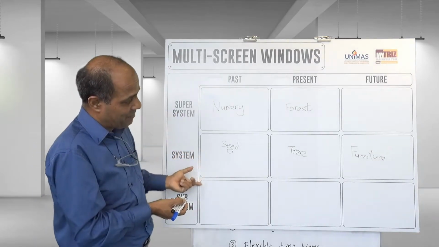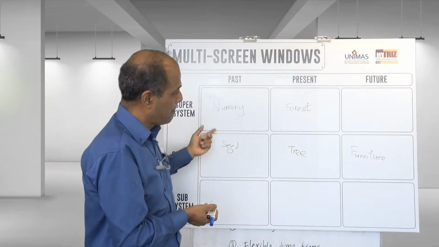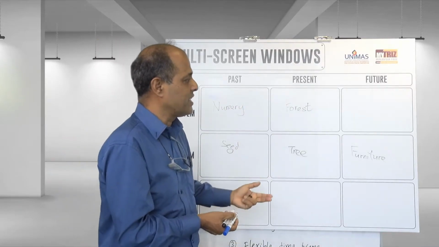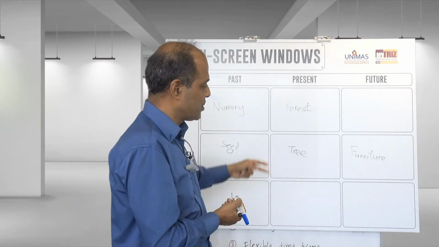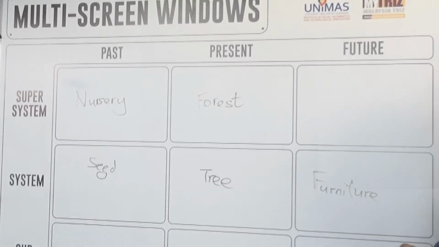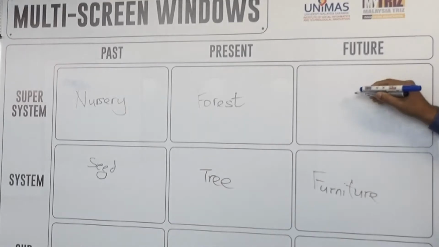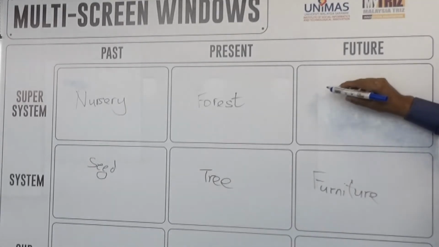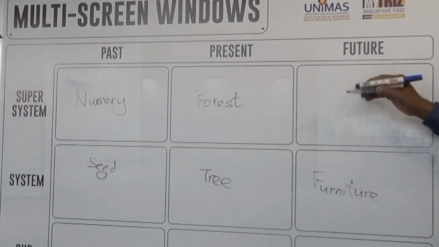So here we have the past and present representation. When we look at the future, the tree is going to be furniture, and this furniture could be used for a home, or it could be for a specific market.